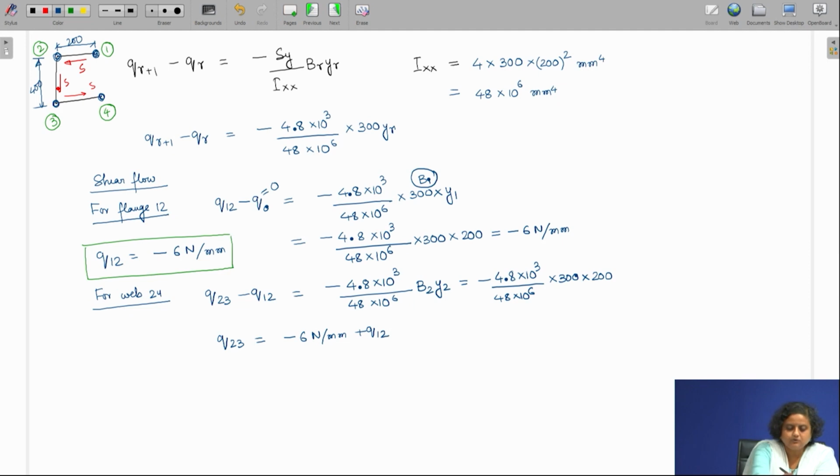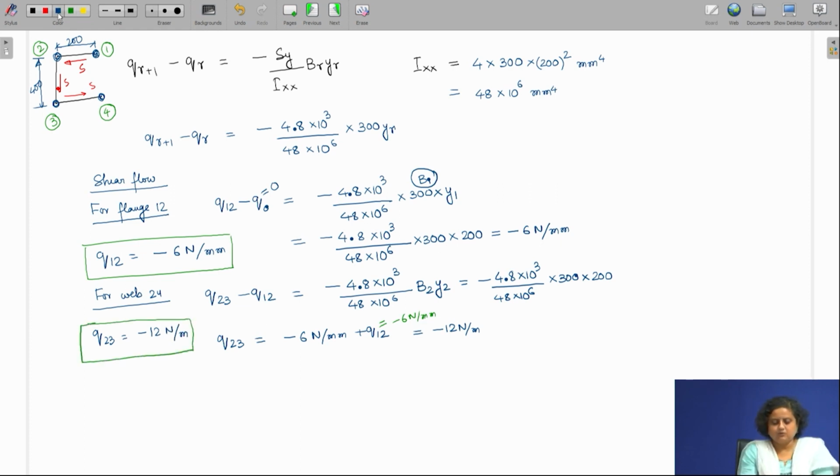Now Q12 is again minus 6 Newton per millimeter. So therefore, this is going to be minus 12 Newton per millimeter. So therefore, I have Q23 is equal to minus 12 Newton per millimeter. So this is the solution for the web.